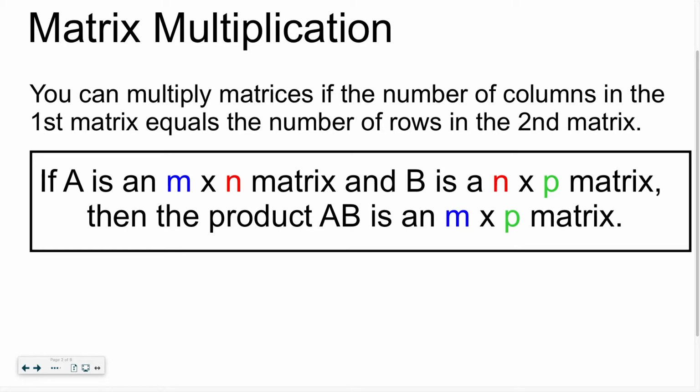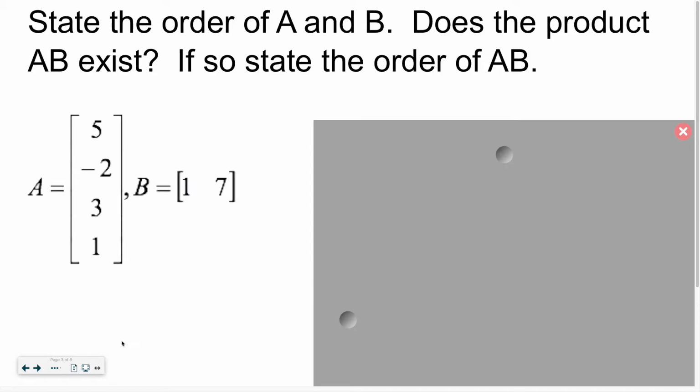Okay, so my first set of examples, I don't know that you necessarily have to write these down. They're just an opportunity for us to talk about this piece right here: are we allowed to multiply them, and what will the dimensions of our answer matrix be? So it says state the order of A and B. Okay, so give them individually.